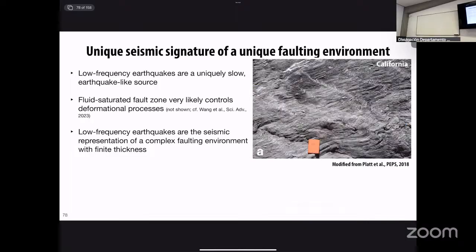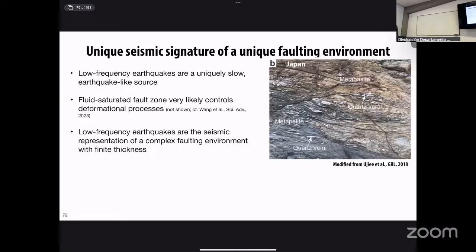Okay. So you can actually look at one of these exhumed outcrops that geologists love to do their work on because they're also complicated and there's all sorts of cool stories they can tell with them. Whether it be in the Franciscan in California or in exhumed outcrops in Japan, they constantly see these metamorphic rocks, and they always see these veins.